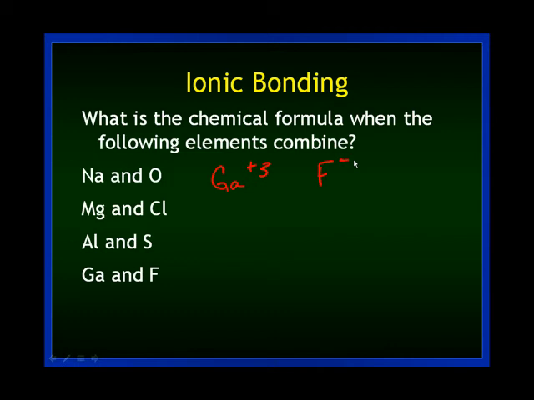And fluorine has a -1. Check and see if they cancel out perfectly. Okay, these do not. I actually need 3 fluorines to cancel out that +3 of the gallium. So I have GaF3, just like that.